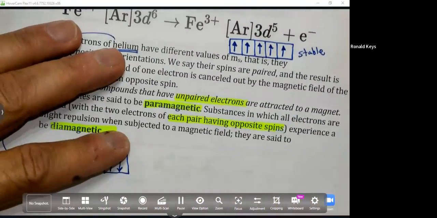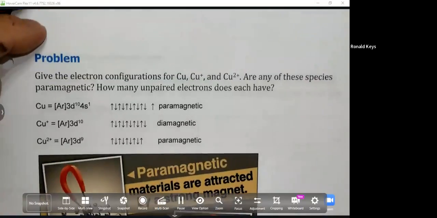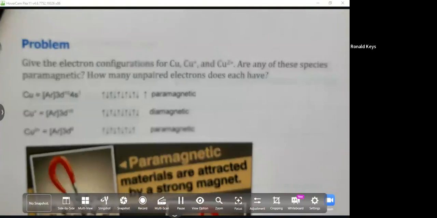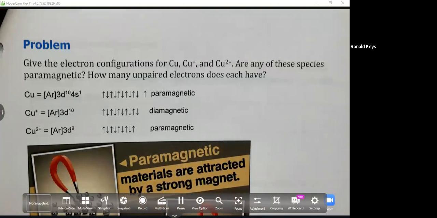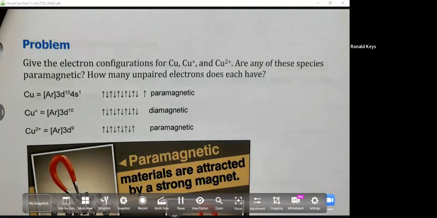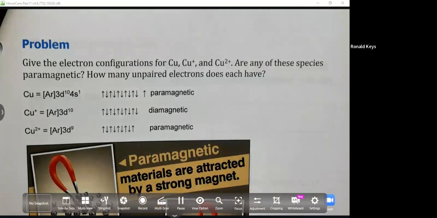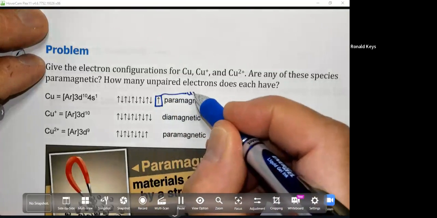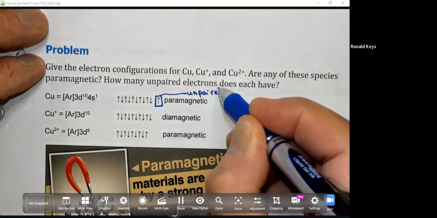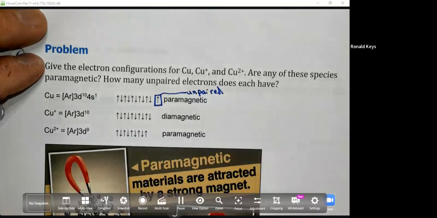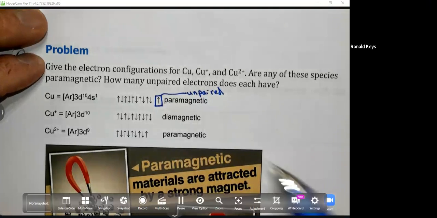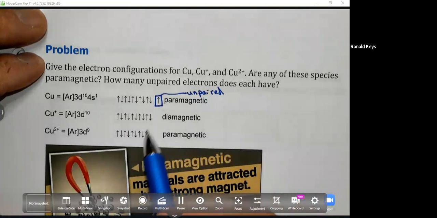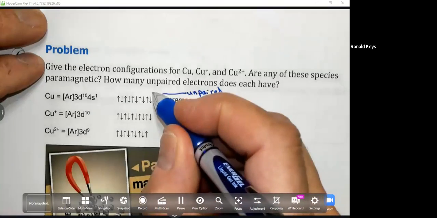So if we go to the next page, we just got a couple examples, and I'll do this towards the end. So this comes from our box diagrams for electron configuration notation. So unpaired. So if this right here, this is an unpaired 4s.